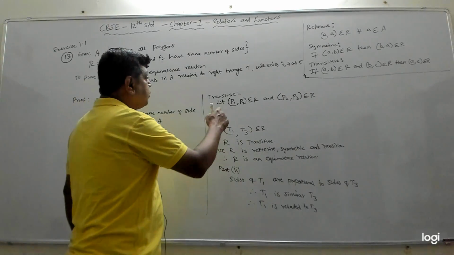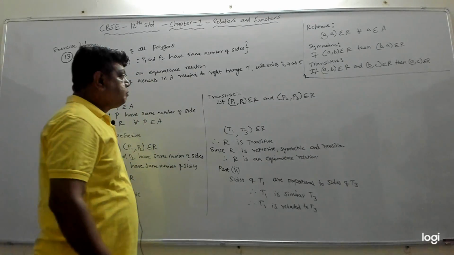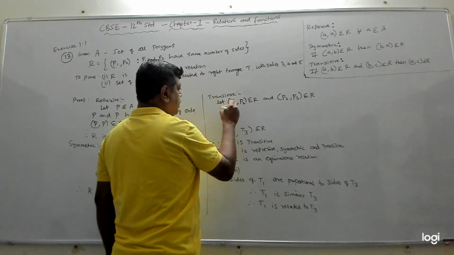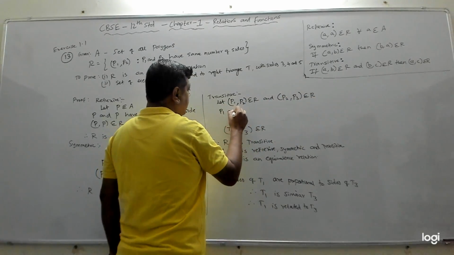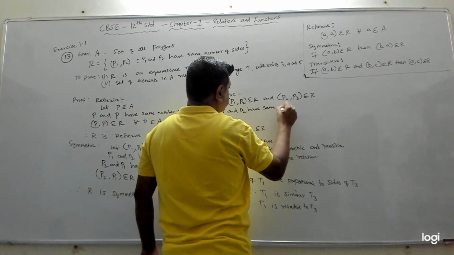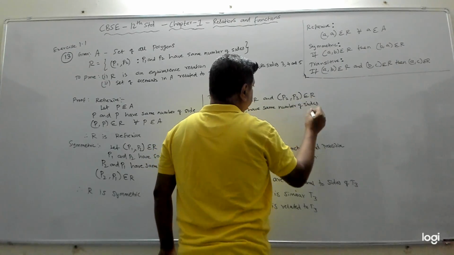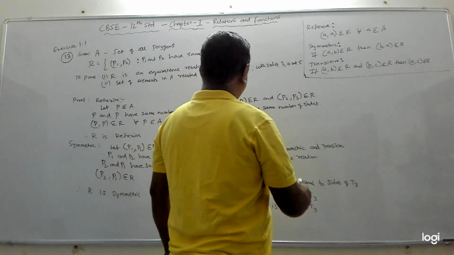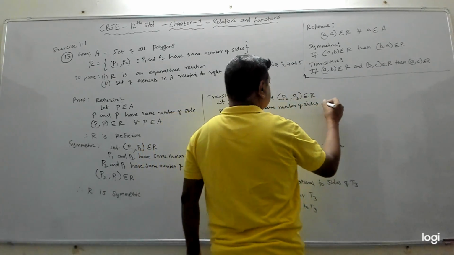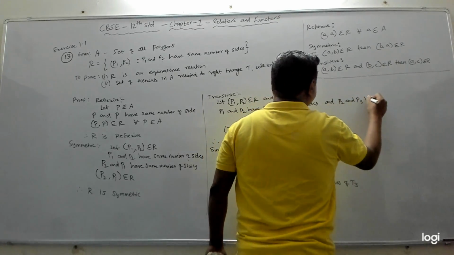So when P1 comma P2 belongs to R, it means P1 and P2 have same number of sides. And P2 comma P3 belongs to R means P2 and P3 have same number of sides.